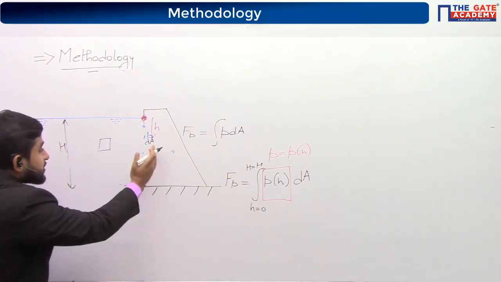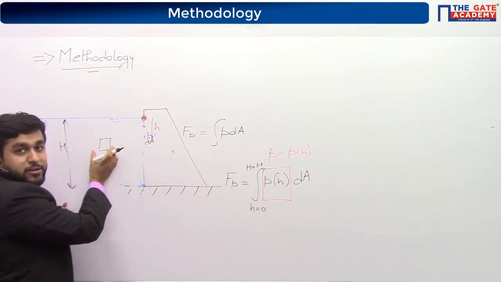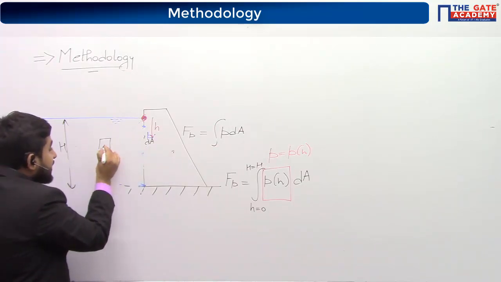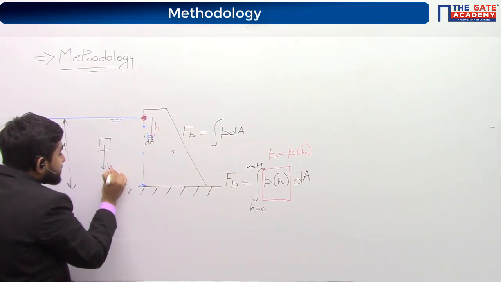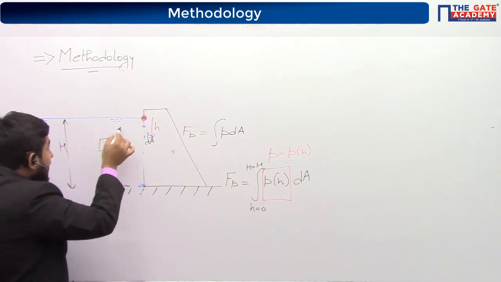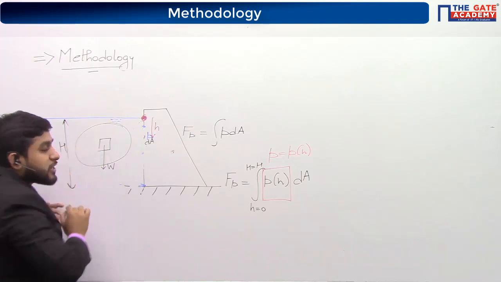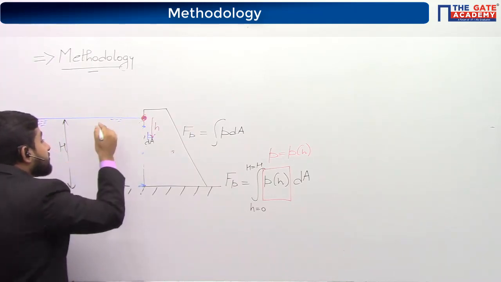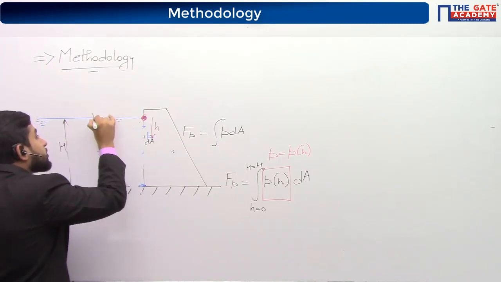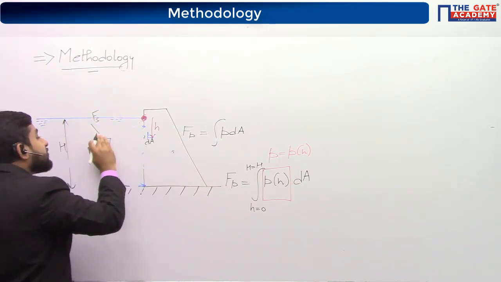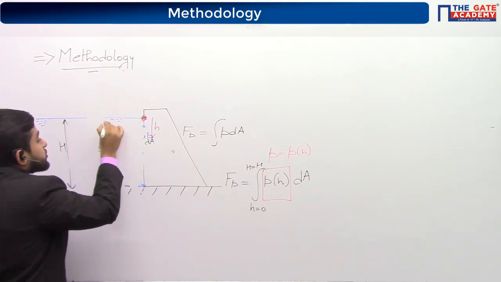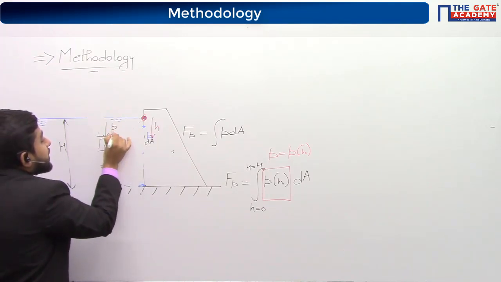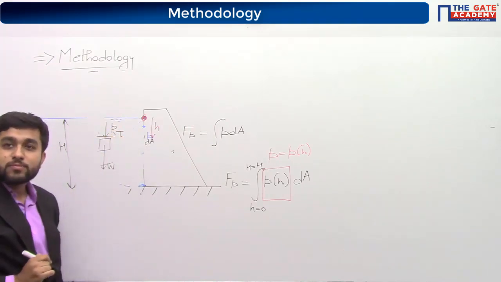What I will do is, in the water, I will take a water element. Now this water element will first of all have some weight. But this water element is surrounded by remaining water, and the remaining water will apply surface force on it. But the surface force has two components. One is pressure and the other one is tau.